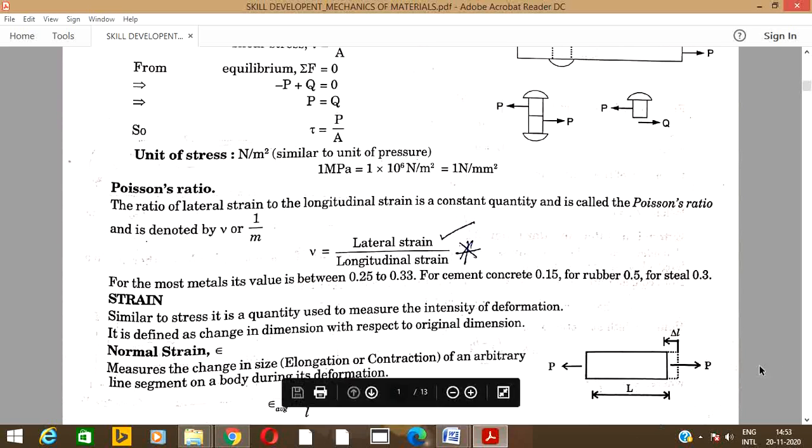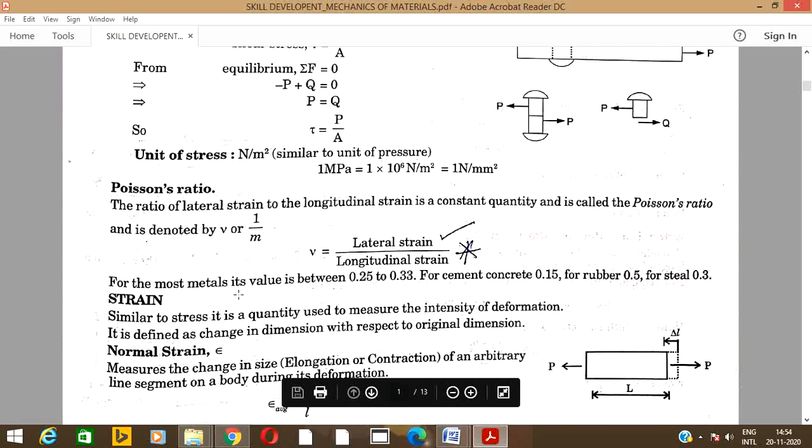Here you can see the longitudinal length along which the force P is acting. This delta is the change in length along the longitudinal direction. If the diameter or section dimension changes, that direction is the lateral direction. The diameter will get reduced or increased. That dimension change we call the lateral strain. If it changes along the length, it is a longitudinal strain.